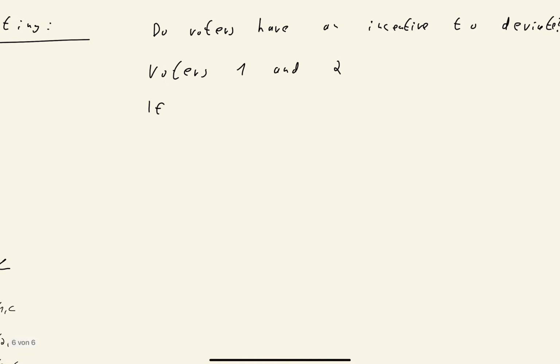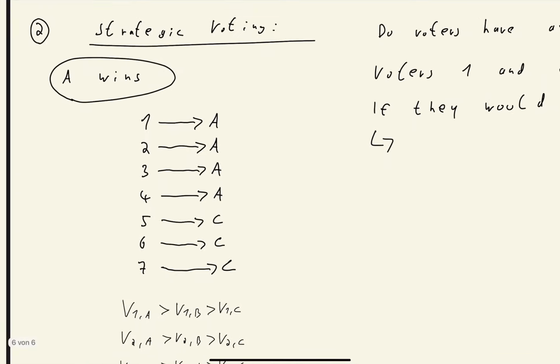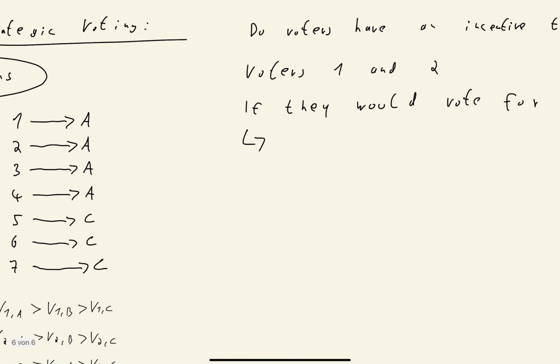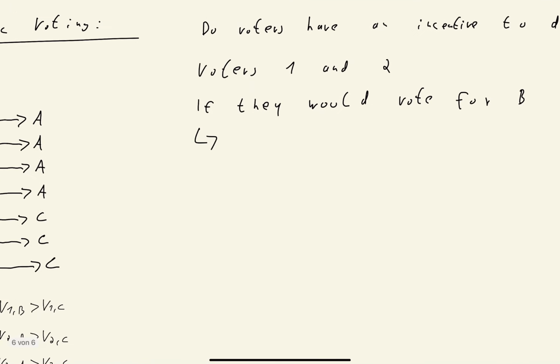So now, if they would vote for B, then a consequence would be... Now it's also important that even though I'm saying that if they would vote for B, here I'm talking about individual situations.